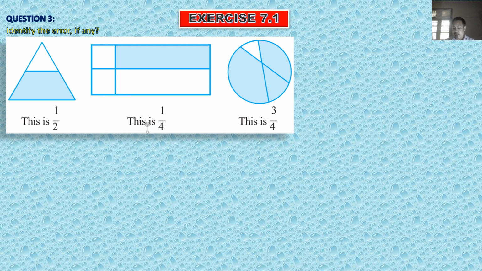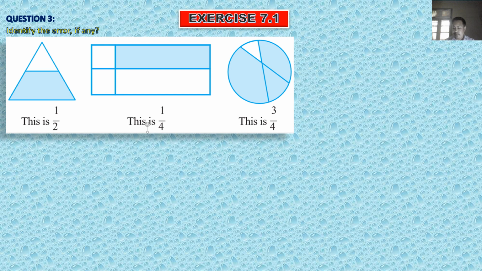So the given fractions cannot be represented by the selected portions of the figure. We cannot represent the first figure as 1 by 2 in this manner, because the portions are not evenly divided, so the given fractions are not able to represent the figures.